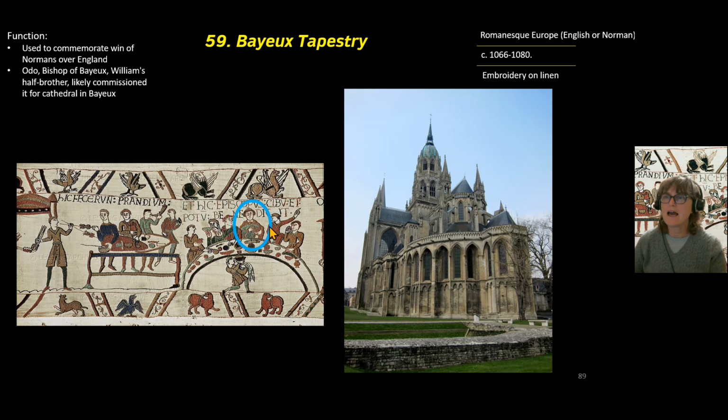And we think that he had this commissioned. It was embroidered probably by women. And we think that he had it hanging in his cathedral that was being built in Bayeux in France. And so this tapestry probably hung there, and that's where it gets its name from.